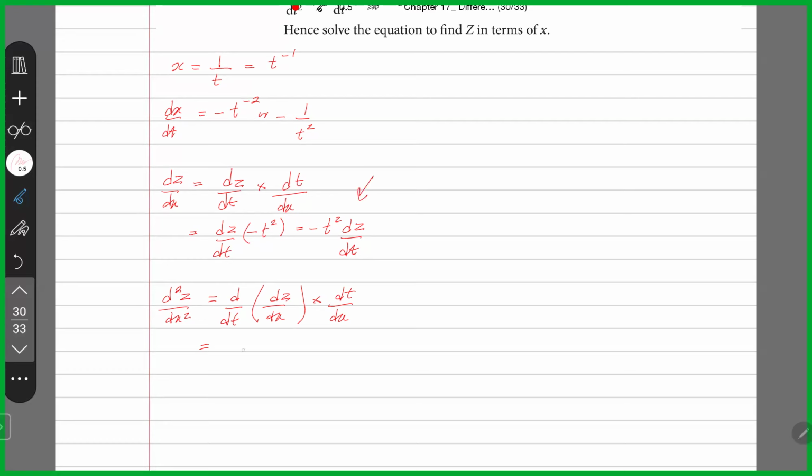So it's leave the first, minus t squared, differentiate the second, we have d2z by dt squared, plus differentiate the first, you're going to get minus 2t, leave the second, dz by dt.